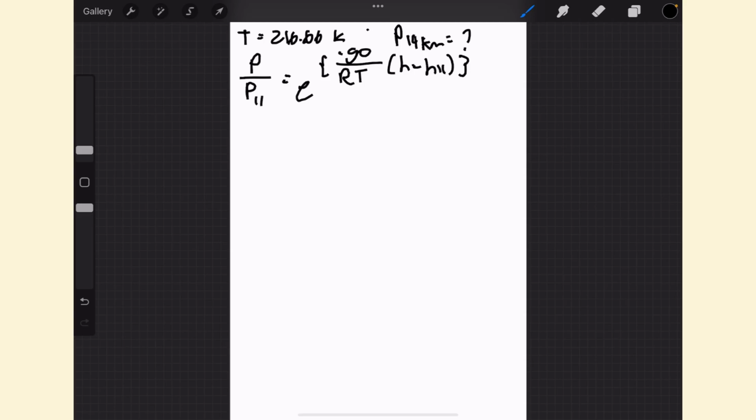Ano na lang yung kulang natin na given dyan, which is yung pressure. Dahil yung P sub 11 natin ay constant din siya na 22,606.82 Pascal. So, i-derive lang natin yung formula para makuha natin yung P: P sub 11 times e to the power of negative g0 over RT times (H minus H11).